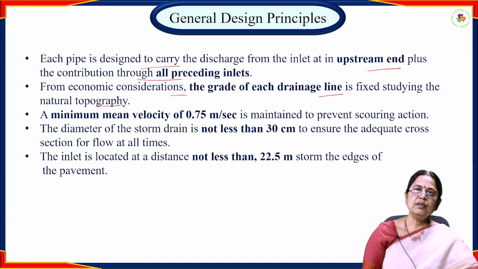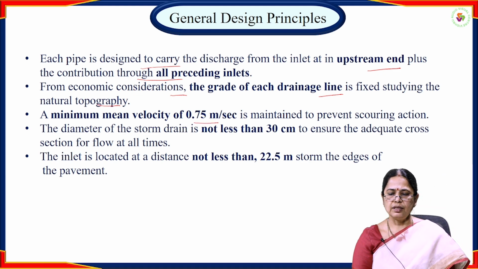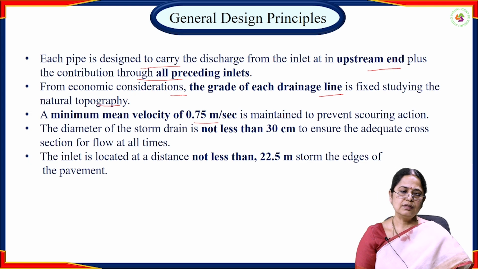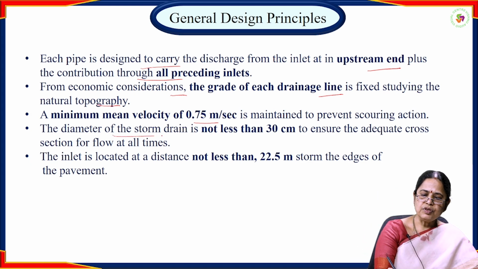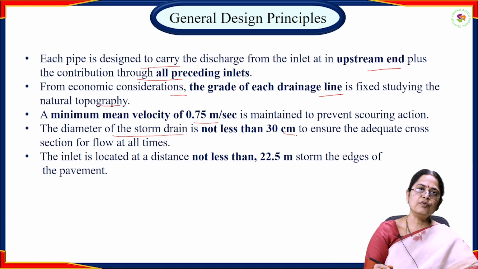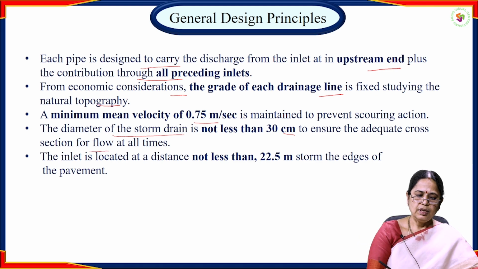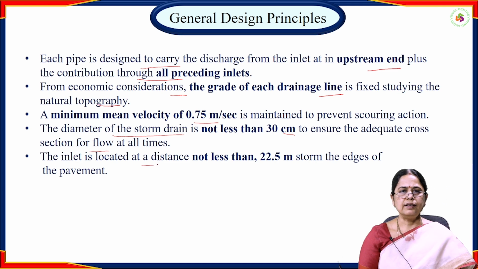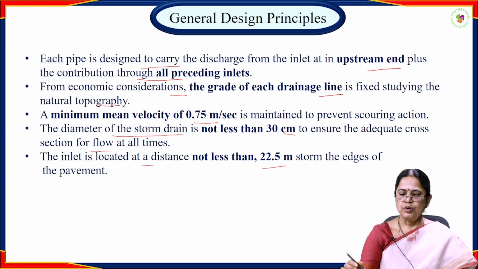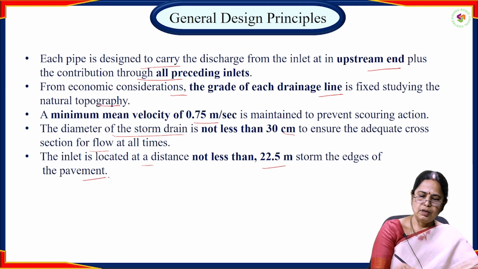The minimum mean velocity of 0.75 meters per second is maintained to prevent scouring. The diameter of the storm drain is not less than 30 centimeters to ensure adequate cross section for flow at all times. The inlet is located at a distance not less than 22.5 meters from the edges of the pavement.